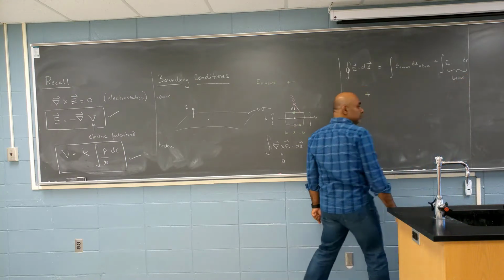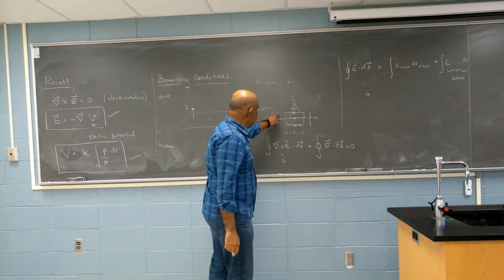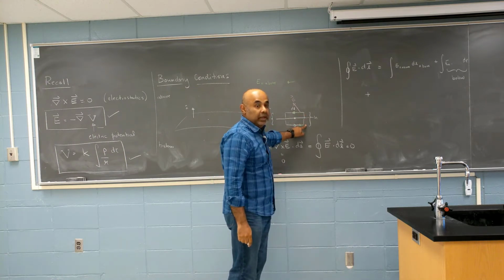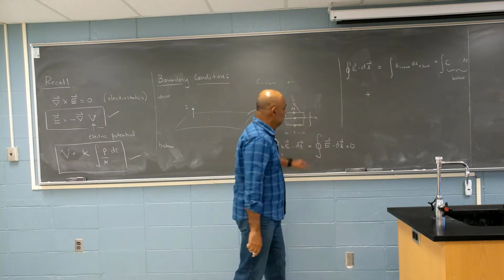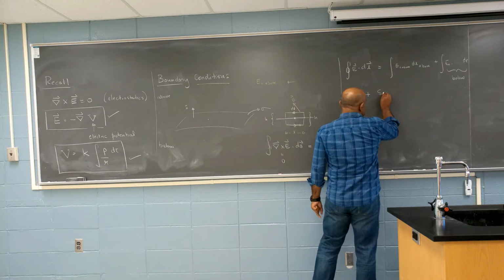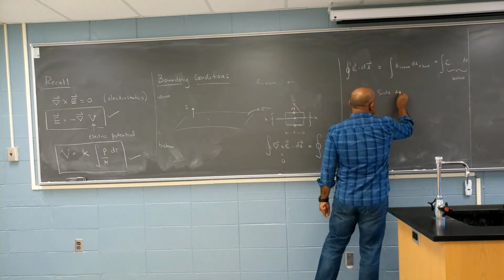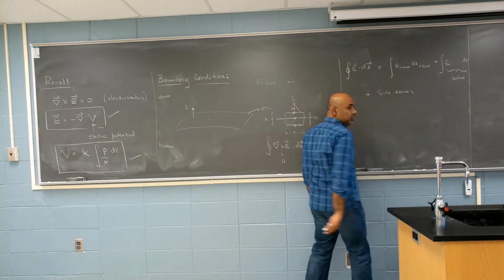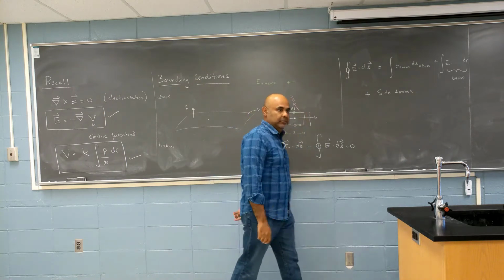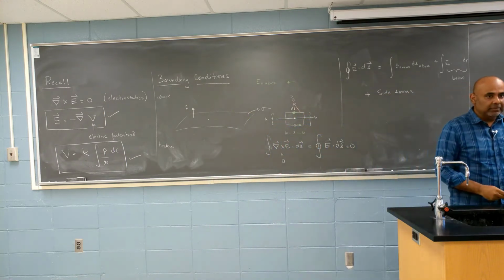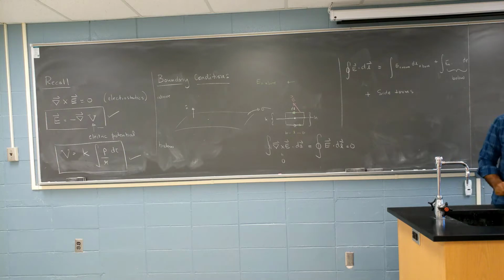Plus these two terms. It won't affect our calculation at all, so I'm just going to write side terms for the moment. It doesn't really enter. Why complicate it? Why even bother to write it down?